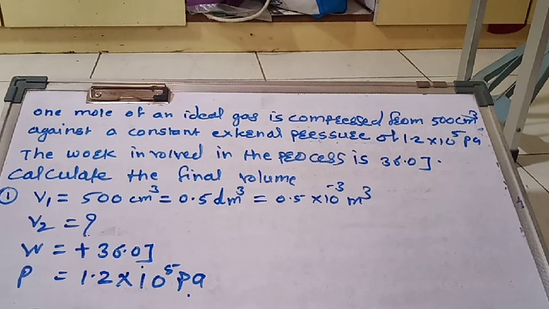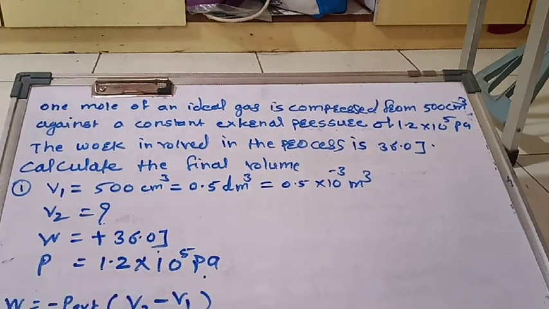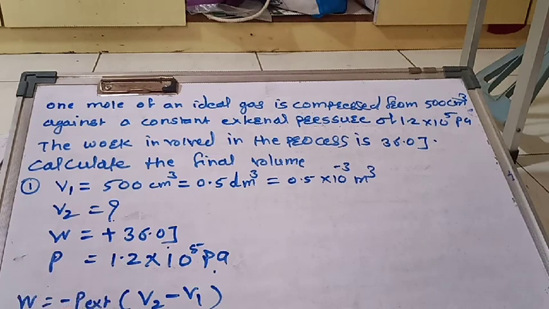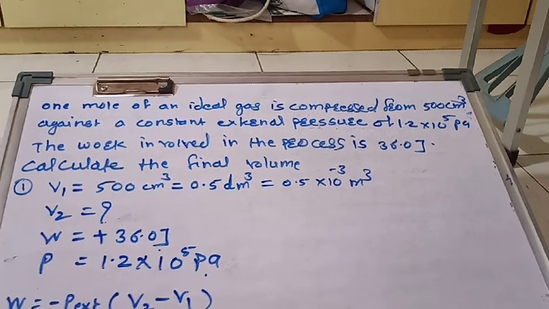So W is minus P external into V2 minus V1. So this is formula used. Now W is given, so put the value of W. It is 36. Then P external is 1.2 into 10 raised to 5 Pascal into bracket V2 minus V1.